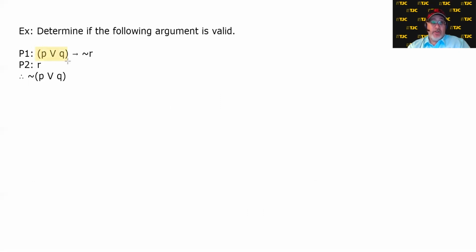Focus on the antecedent and the consequent of that conditional. Where else is the antecedent? It's down here, but notice that it picked up a negation. So the antecedent of the first premise and the conclusion of the argument are negations of each other.